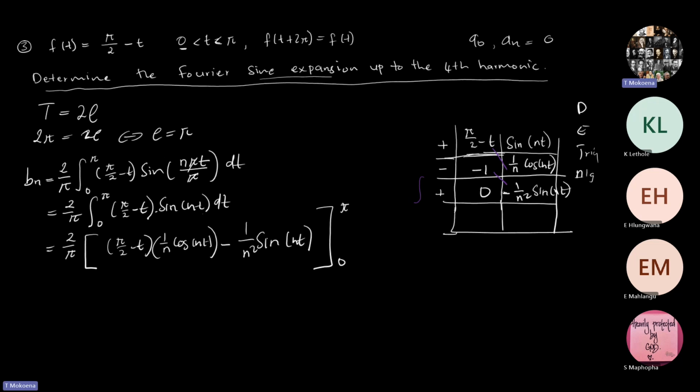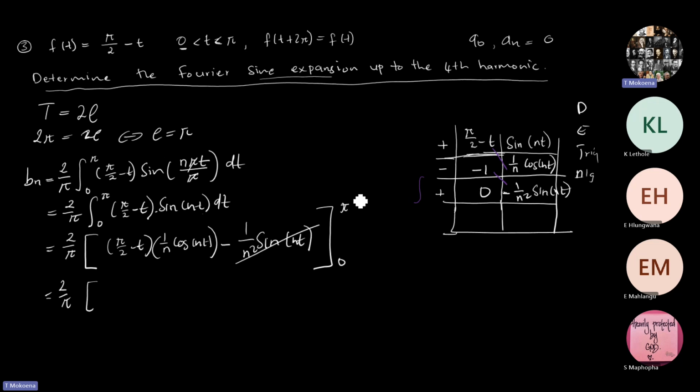And then from here, what are we going to do now? We're going to substitute our bounds. So here we have 2 over pi. Now let's see what's going to happen. If I substitute pi there, it's going to fall off. Even if I substitute 0 there, it's going to fall off. So this is totally out.